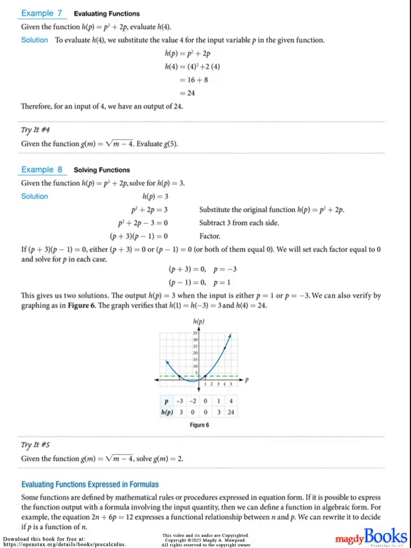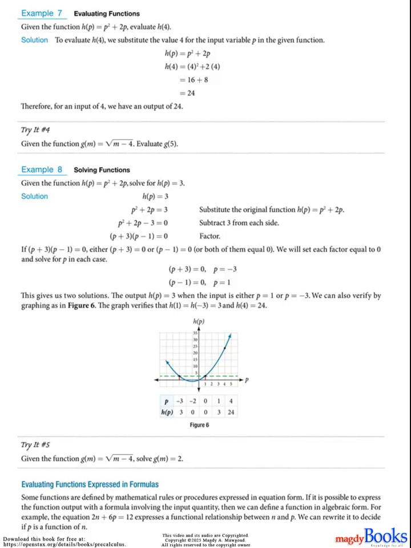To evaluate h of 4, we substitute the value 4 for the input variable p in the given function. h of 4 equals (4) squared plus 2 times (4), equals 16 plus 8, equals 24. Therefore, for an input of 4, we have an output of 24.